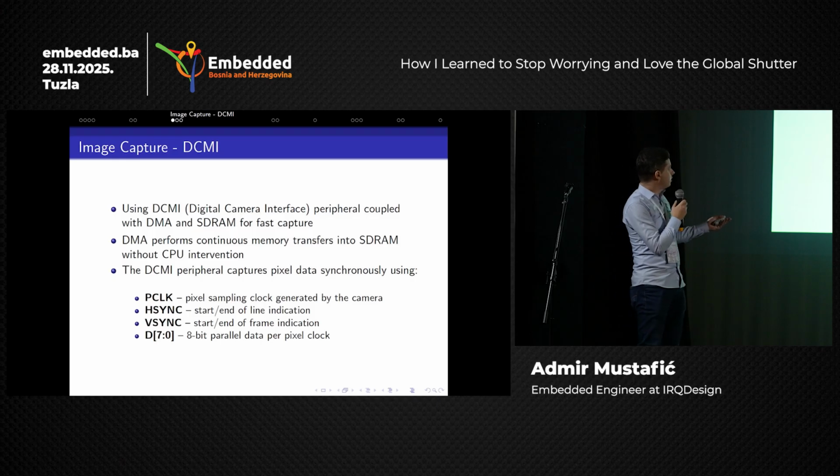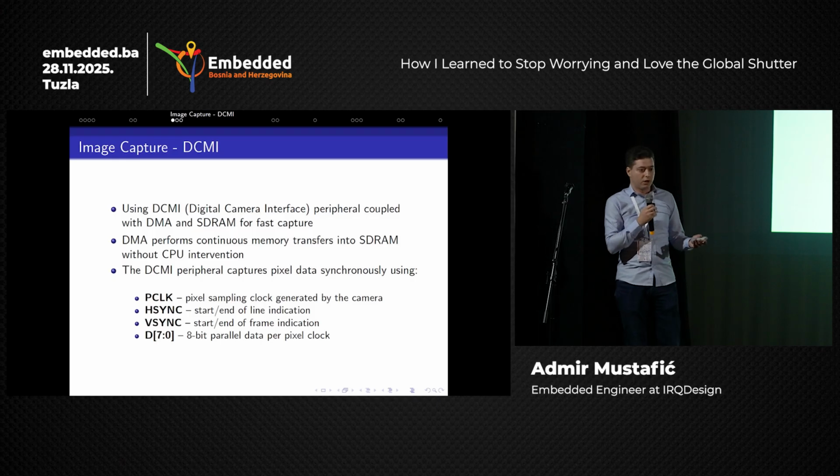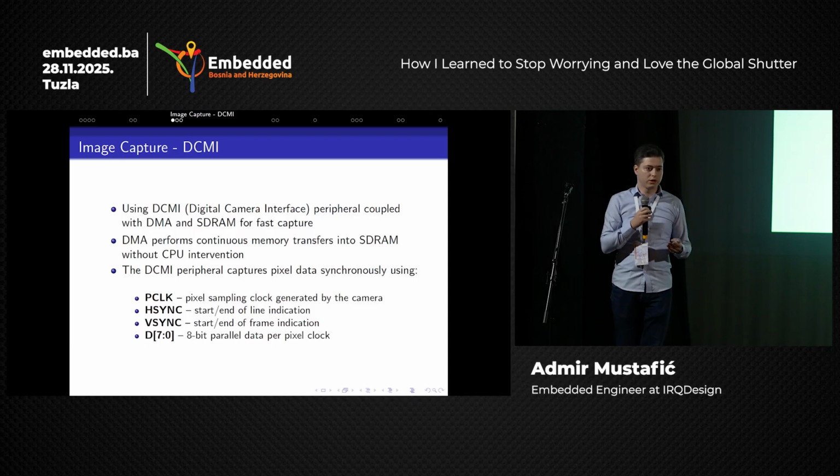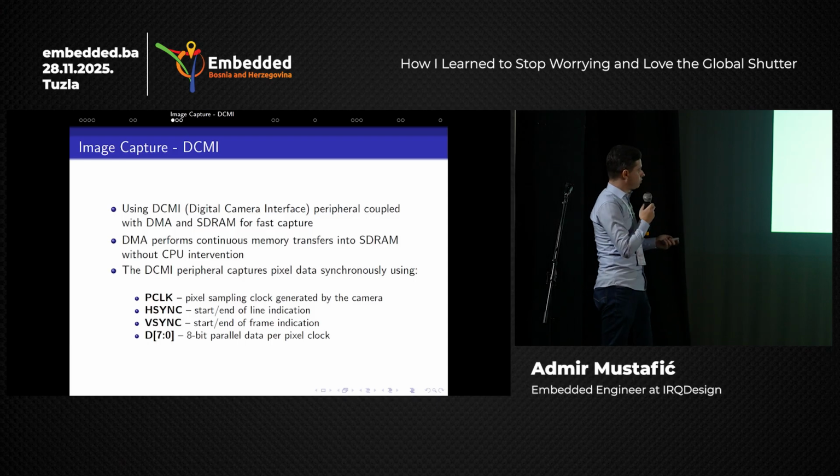And the pixel sampling clock itself, which needs to match the camera's pixel clock. In our example, it was set to 80 megahertz.